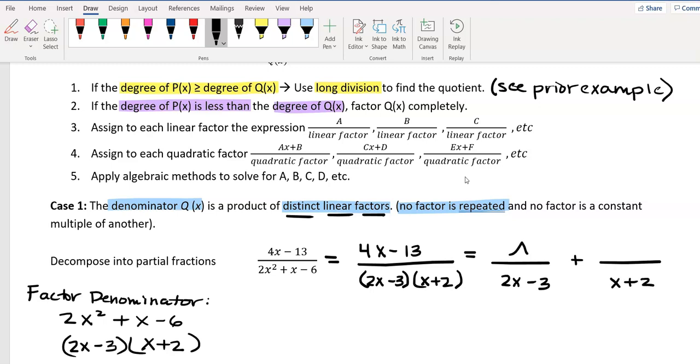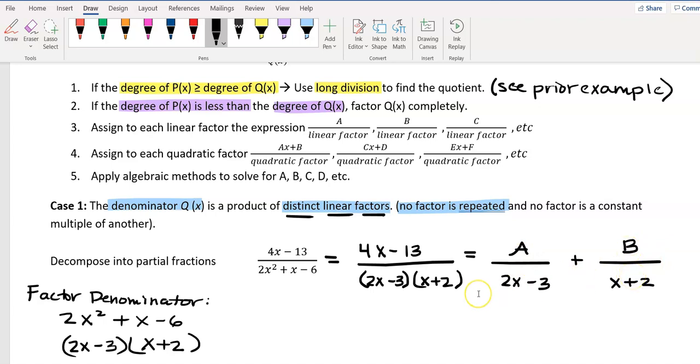And the reason you're just putting an A and a B up here is you're going 1 degree less than the denominator. So if my denominator is linear, that's a degree 1. So A is just a constant, so that's degree 0, and same with B. Okay, so when you're dealing with linear factors, it's just going to be an A and a B.